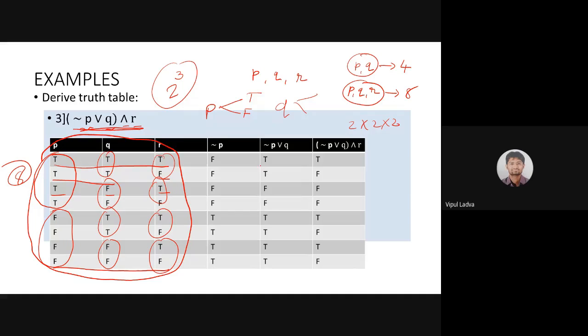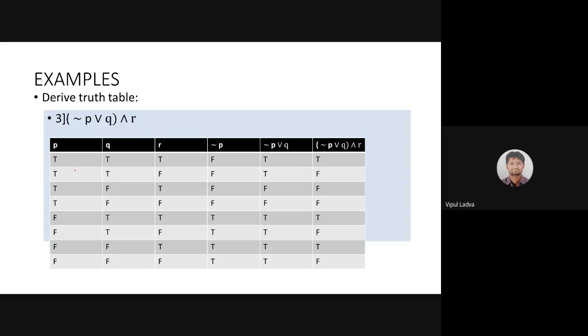It will be a little bit congested, but simple. In digital electronics, instead of T you were using 1 1 1 1 and 0 0 0 0. So it is the same.